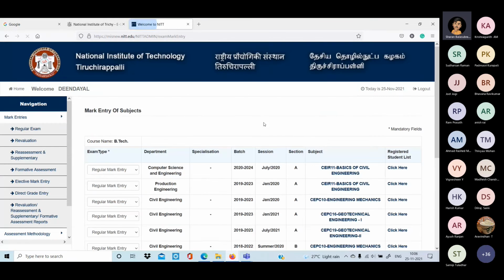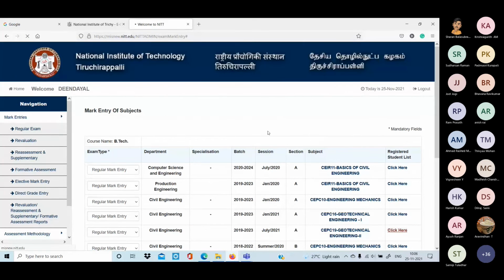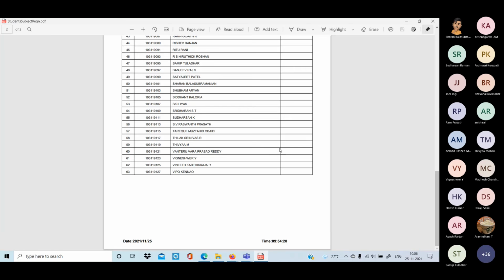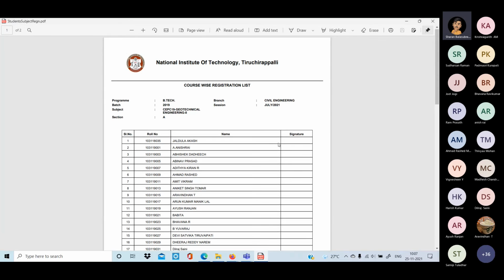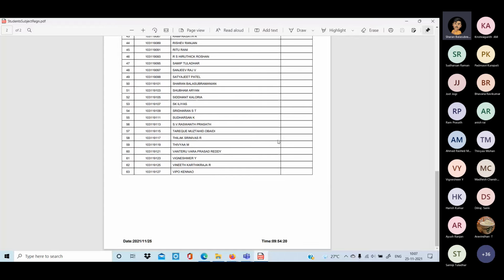One minute, let me check whether I emailed yesterday, and we need to check that everyone's name is there or not. His name is not there here. Okay, out of 63.